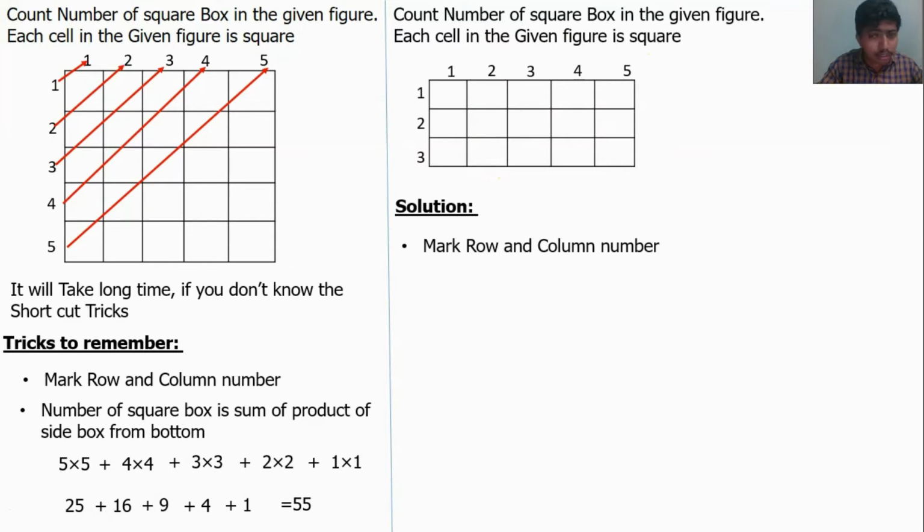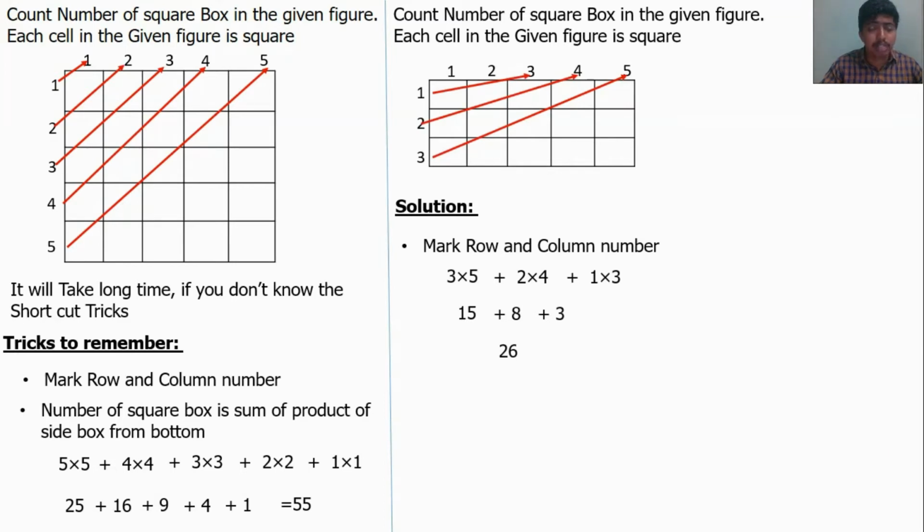Then we have to multiply sum of product from the end. So 3 into 5, 15, plus 2 into 4, 8, plus 1 into 3, 3, is equal to 26. In this given figure, 26 number of square boxes are available.